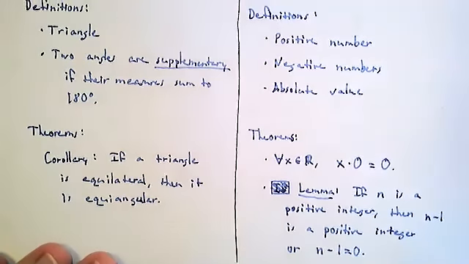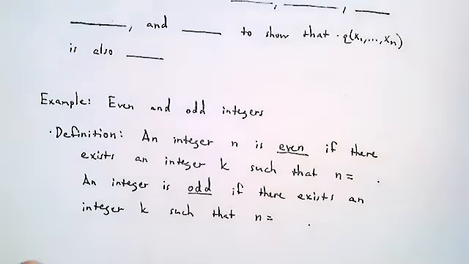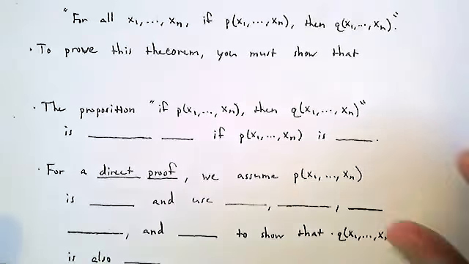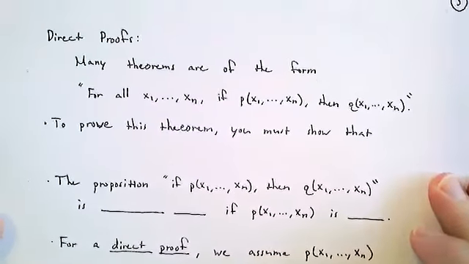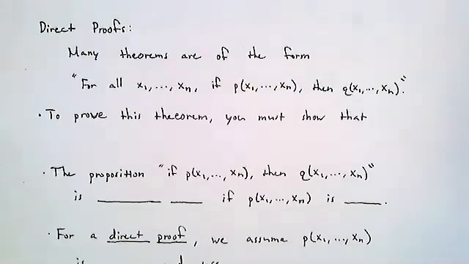Okay, so since there aren't any questions, we'll just move on to proofs. So this is what we really need to talk about in this chapter, how to prove things in math.